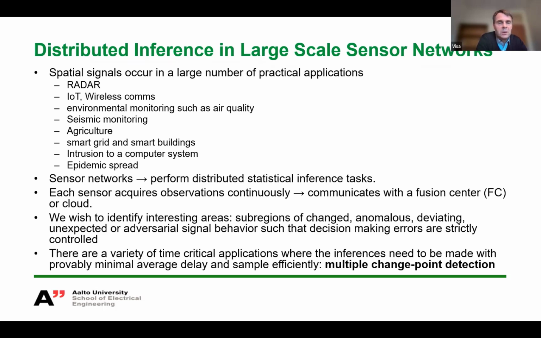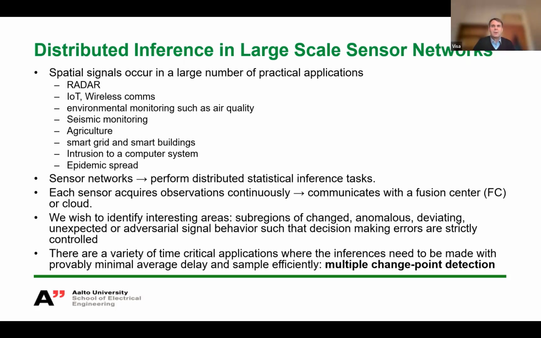Also on the internet, you might think of monitoring intrusion in a computer system and detecting the type of anomalies that are taking place. And maybe more recently, you could think of also monitoring the spread of an epidemic using this type of techniques. So we have a large number of sensors in distinct locations, and therefore we need to perform distributed statistical inference.